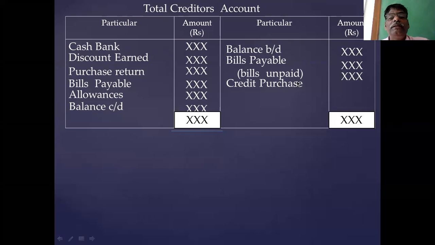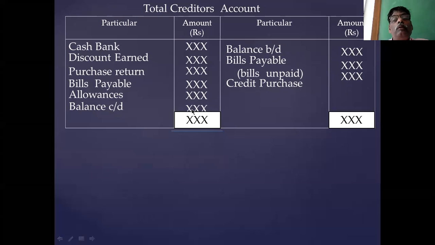If there is a difference on the credit side, that difference is the credit purchase, if they do not give the credit purchase; otherwise it is an opening balance. If the difference is on the debit side, then it is the closing balance. You write the difference as closing balance.